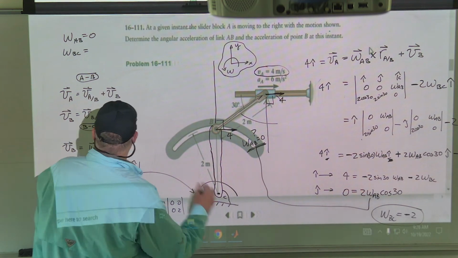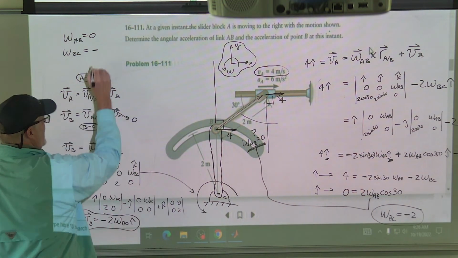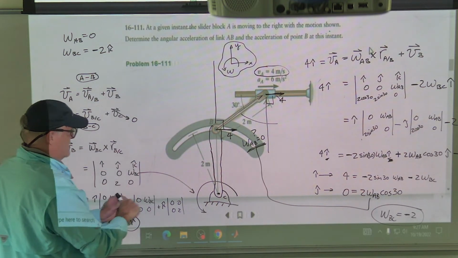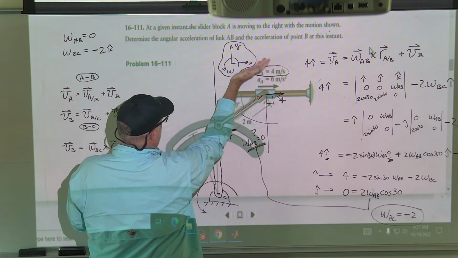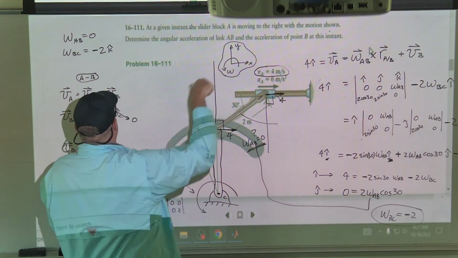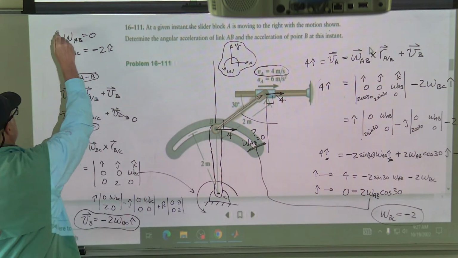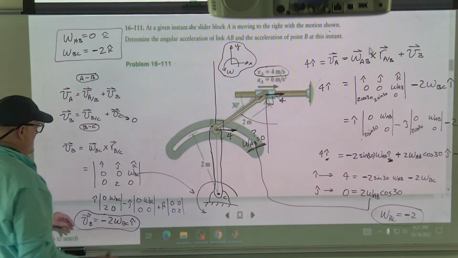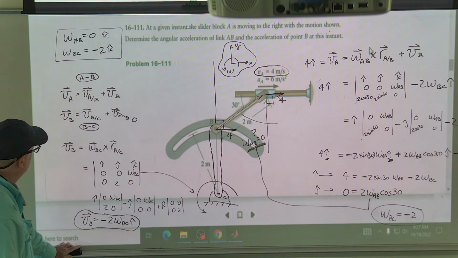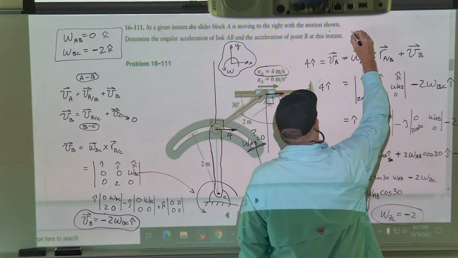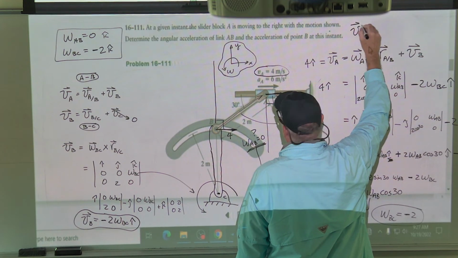It's going to the right. So I'm going to be meticulous and say it's 2. Positive is towards you. This one's going this way, so it's negative. I need to know these two. I could put a K here if you want, but I don't need it since it's not there. Now what I'm going to do is take this equation, put it over here, and use that equation.